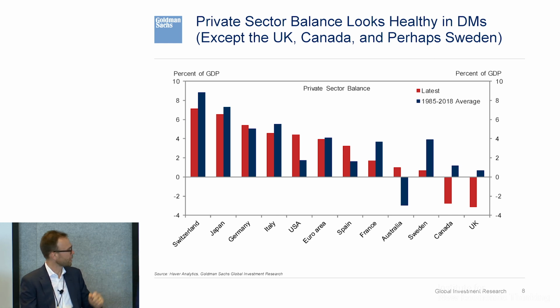There are a few countries where you have to be perhaps a bit more cautious. In particular, I would say the UK, which is running a sizable deficit, and Canada, which is also running a sizable deficit, and maybe to some degree, Sweden, which is running a very small surplus relative to history. So overall, looks like mostly clear skies as far as this is concerned, but there are a couple of English-speaking places or small open economies that look a little bit more concerning.